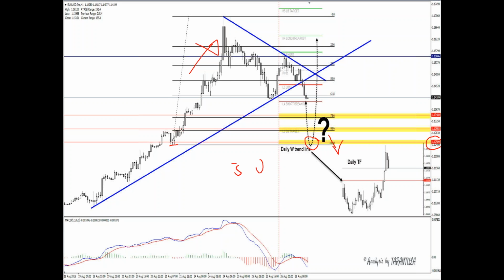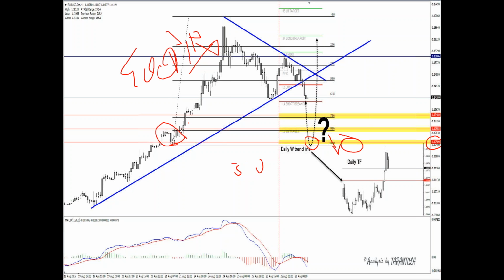The history, which I am very fond of, is telling me to buy here, because last time when this level was broken and retested, we had 400 pips of buying, and the only logic I could think of is to place a pending order at this spot.